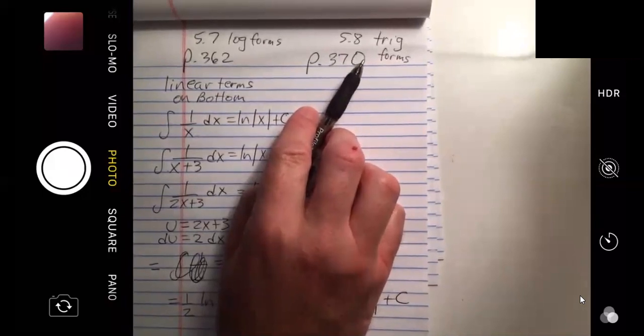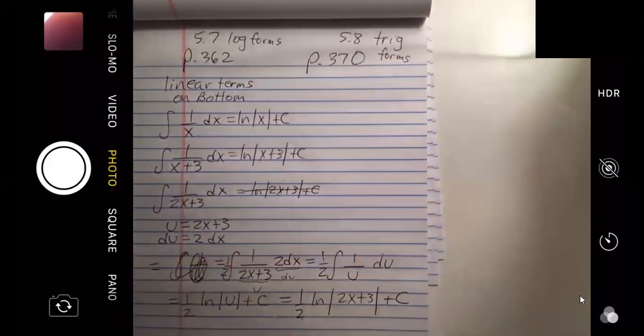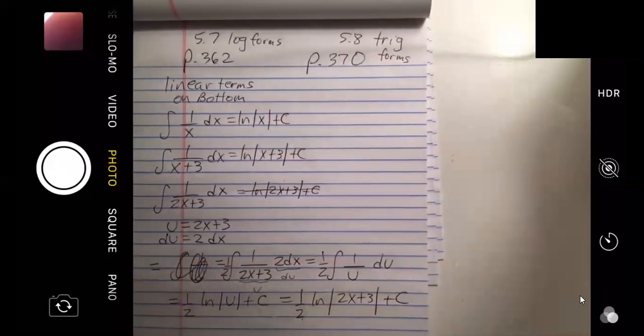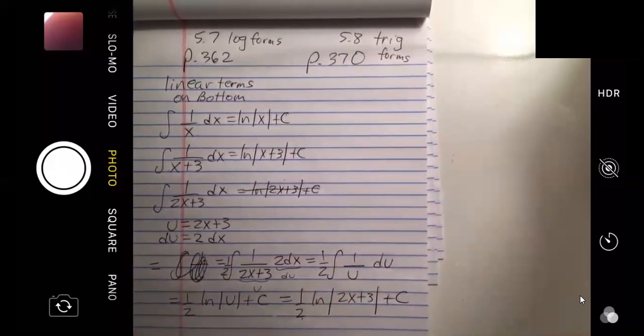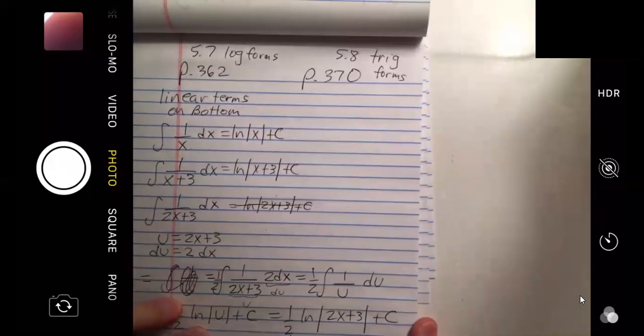Because the question I really want to ask is how I know, for example, in page 362, question 11, I thought this might be a sine form instead of a log form. That's why I'm kind of confused.